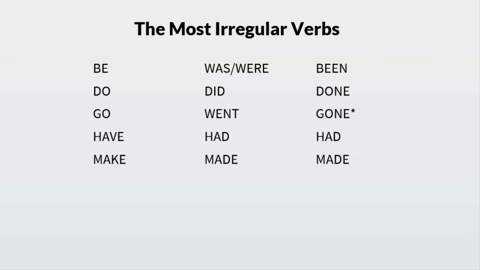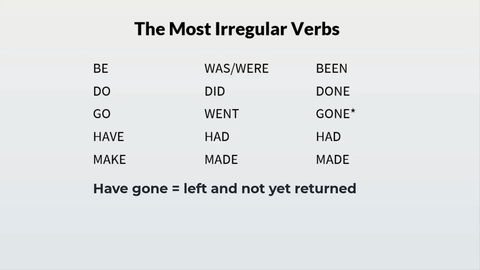Now, looking back at be, we can see there are two conjugations, was and were. And also with go, there's a star next to gone because sometimes we use have gone, which means that we're still wherever we've gone.